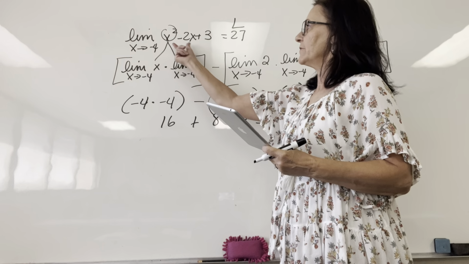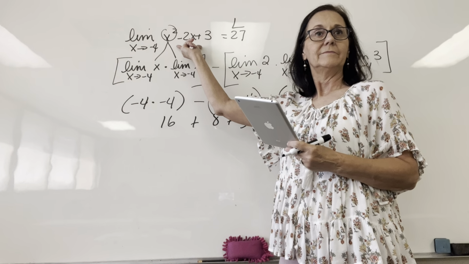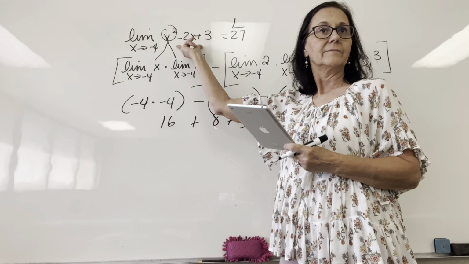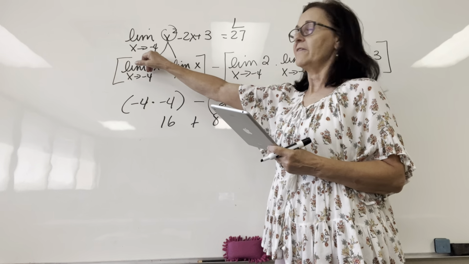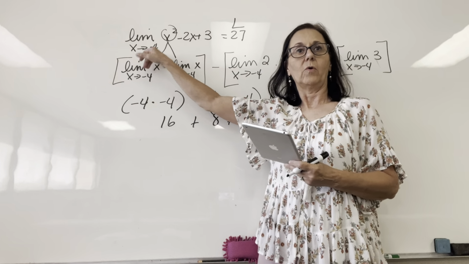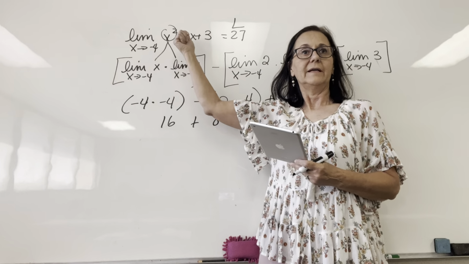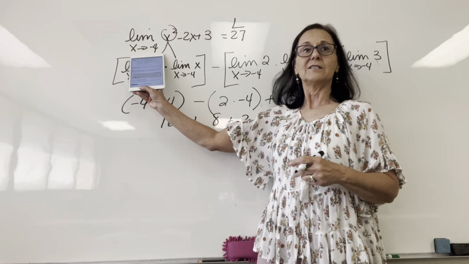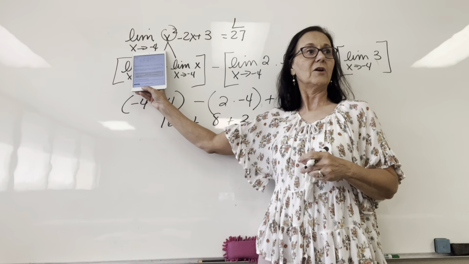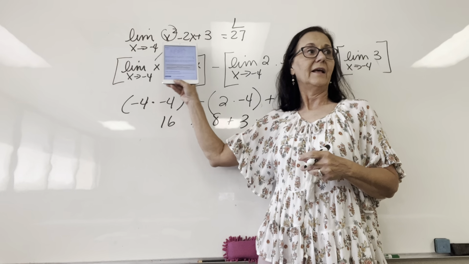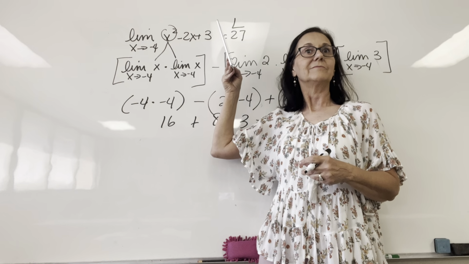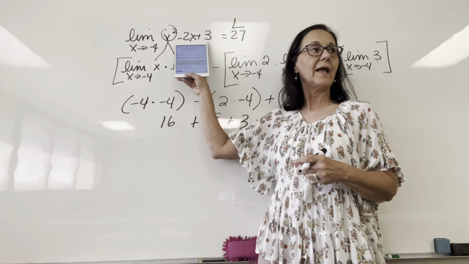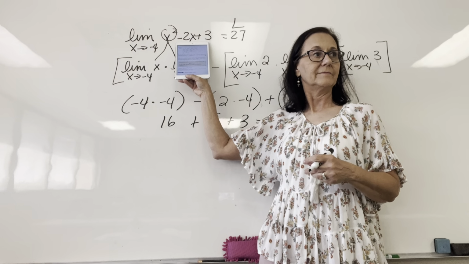Is -4 defined for this function? Is the value where x is -4, do we have an output for it? We do. How do you know? Because this is my domain, right? X is my domain, and my limit is the range. Okay. What is the domain and range for this function?